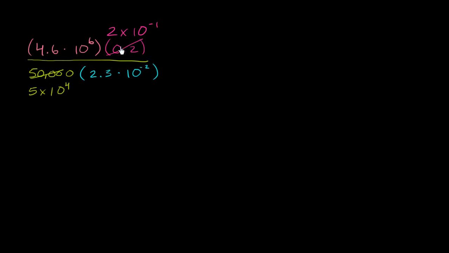So now let's take the product in the numerator and the denominator. So in the numerator, I'm just going to swap the order in which I'm multiplying. I'm just multiplying a bunch of stuff. 4.6 times 10 to the 6th times 2 times 10 to the negative 1. It doesn't matter what order I multiply them in. So I could rewrite this as 4.6 times 2 times 10 to the 6th times 10 to the negative 1.